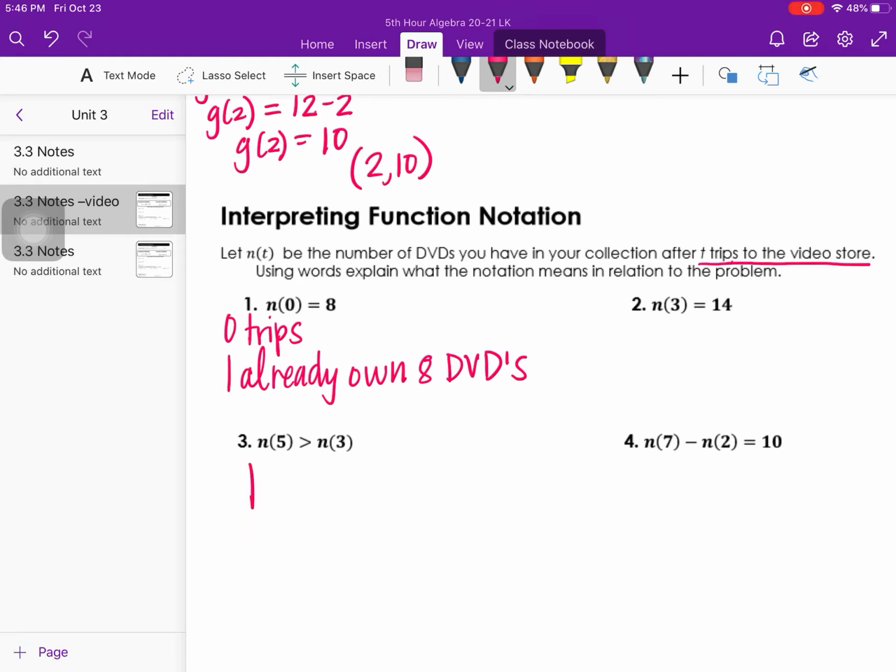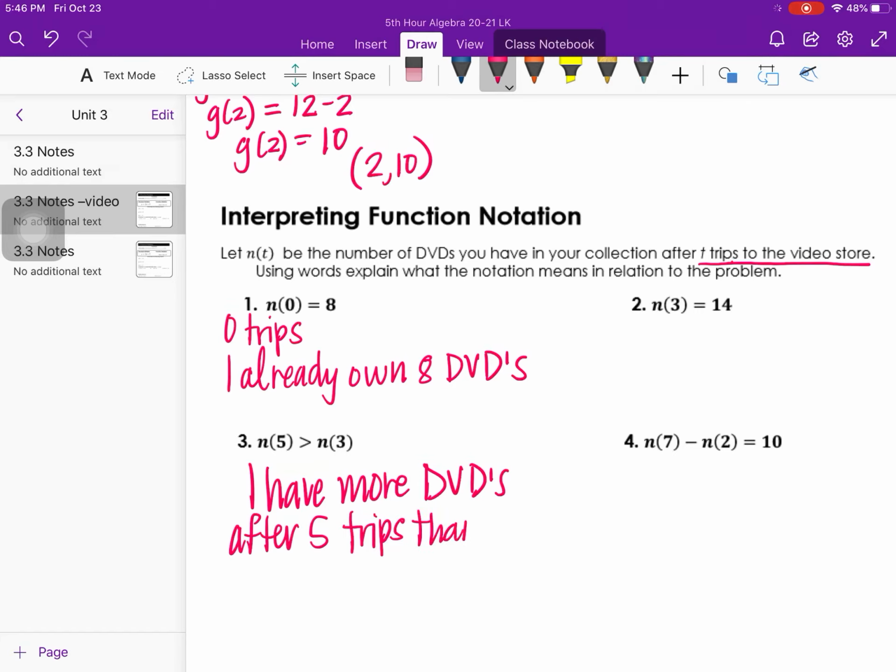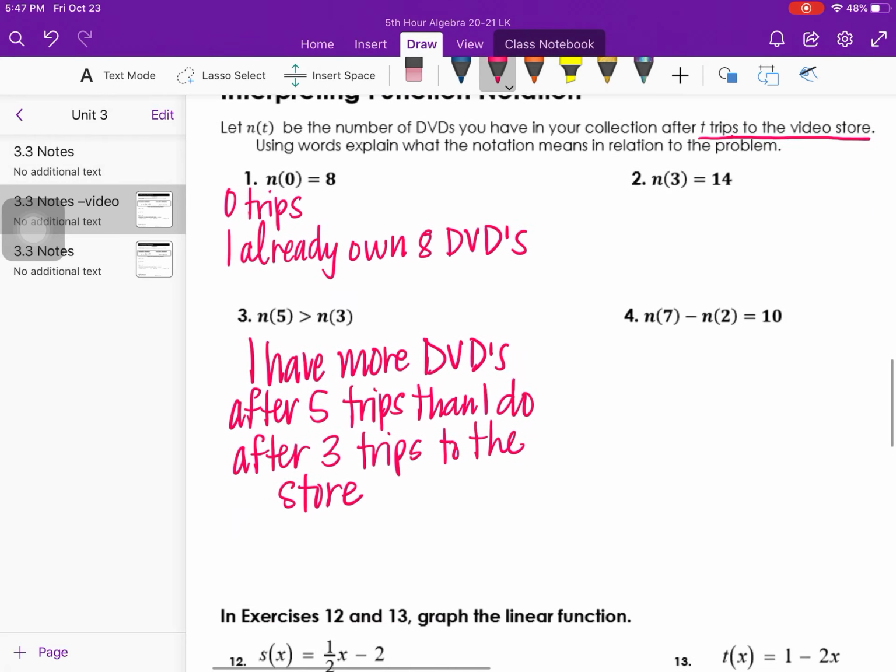So I have more DVDs after 5 trips than I do after 3 trips to the store. All right, you guys try 2 and 4 on your own.